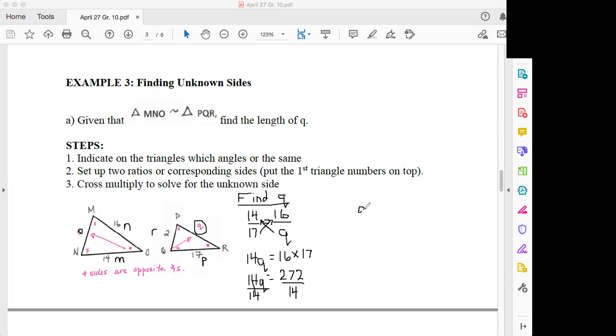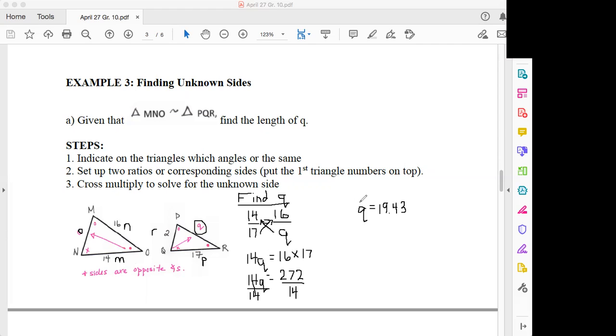Then Q is equal to 272 divided by 14, which gives us 19.43, sorry. And that is our side length here.